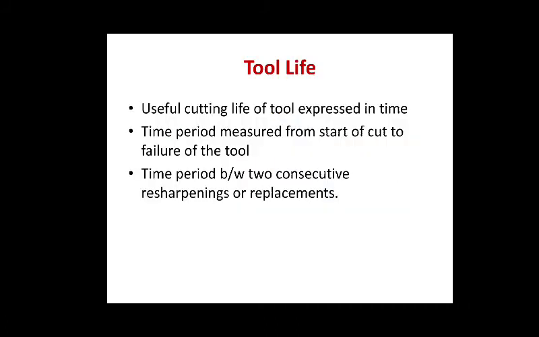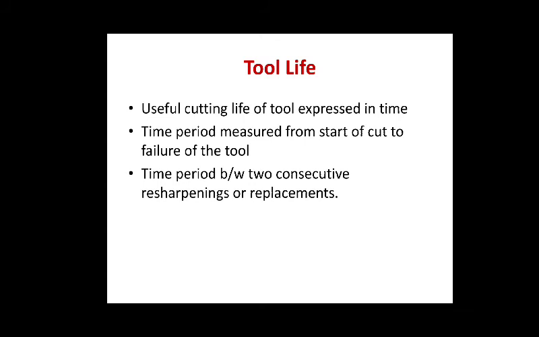So tool life: the useful cutting life of a tool expressed in time. Time required: the time period measured from start of cut to failure of the tool or end of the tool life. Time period between two consecutive resharpenings or replacements. This is called tool life.